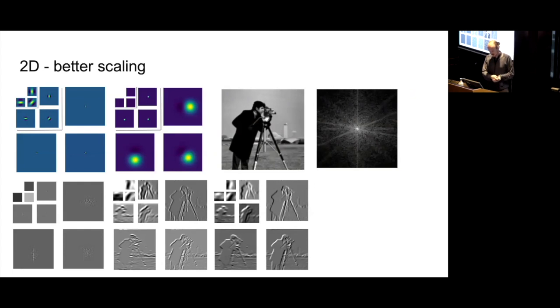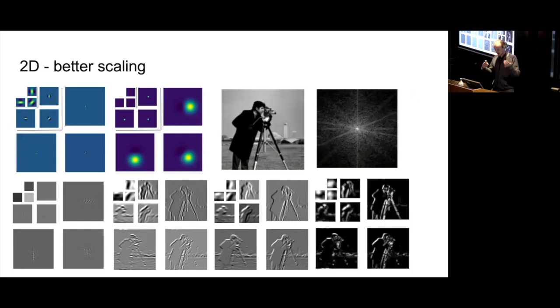You can also take the absolute value, and then if you're a neuroscientist, you can say this might be a complex cell activation. It basically just gets rid of the phase, and you end up with something that varies a little bit more smoothly if you change stuff. It's also the base of the scattering transform, which I'm not going to get into in this talk.